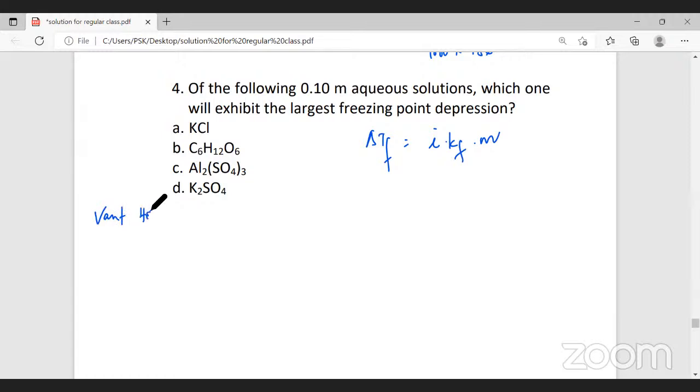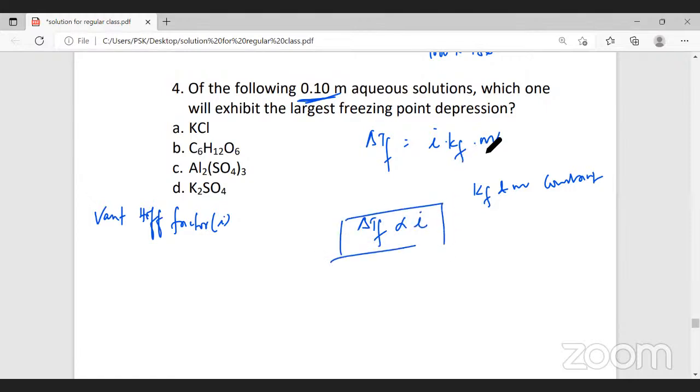In this relation, Kf and molality m are constant, because for all these compounds they've given 0.1 molar.